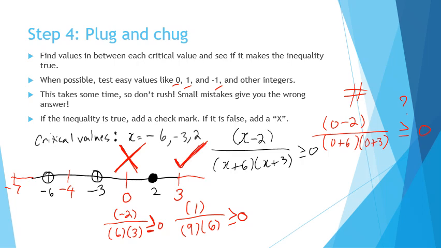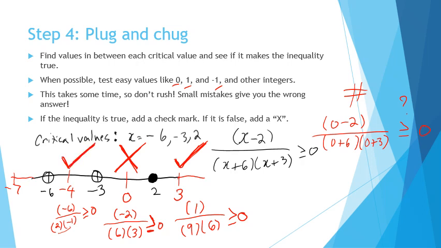Taking a look at plugging in -4, you would get -6 in the numerator over 2, and then -1 in the denominator. This should be a negative over another negative number. So a negative over a negative is a positive number, so this is going to hold true.